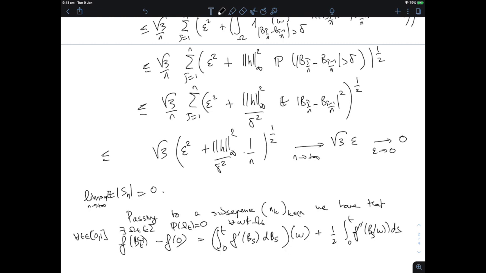That's what we got from all of the reasoning we've done so far, passing to a subsequence. So that's our Ito formula, but it's not almost sure quite yet.